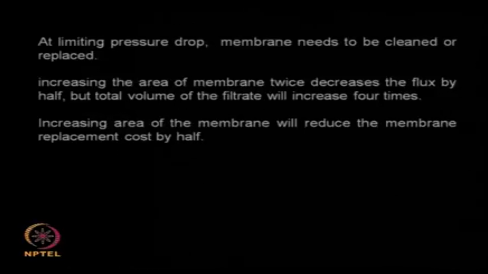So you need to balance between, should I have a big membrane assembly with the large surface area membranes, or should I have smaller assembly, that means my capital cost will be less, but then I will be doing the membrane cleaning or membrane replacement quite frequently. That means my process will get disturbed much more.